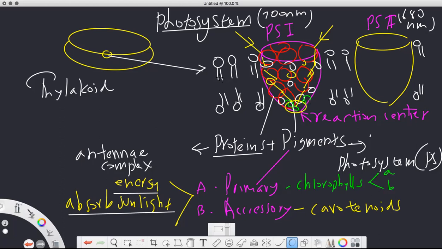Okay, just to summarize, thylakoid is the small membrane-bound disc inside the chloroplast, and the membrane is made out of phospholipids.